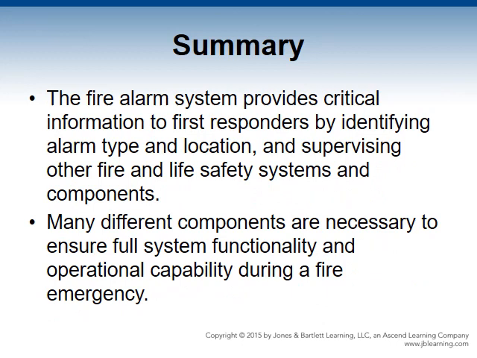The fire alarm system provides critical information to first responders by identifying alarm type and location, and supervising other fire and life safety systems and components. Many different components are necessary to ensure full system functionality and operational capability during a fire and emergency.